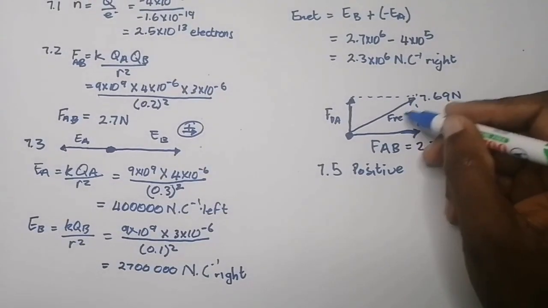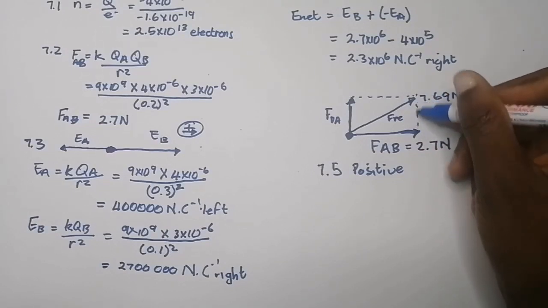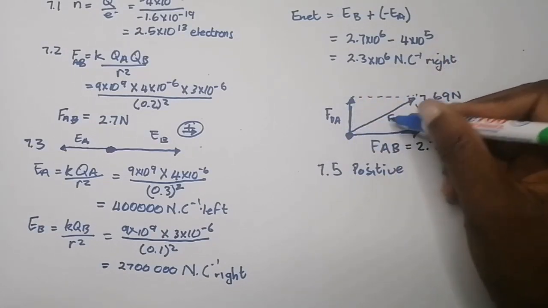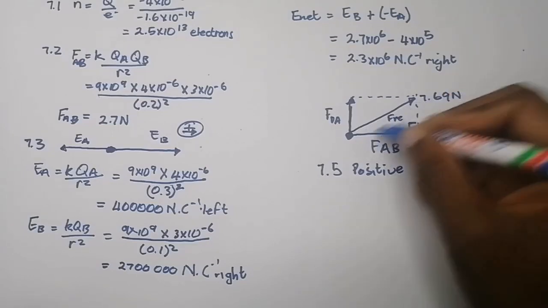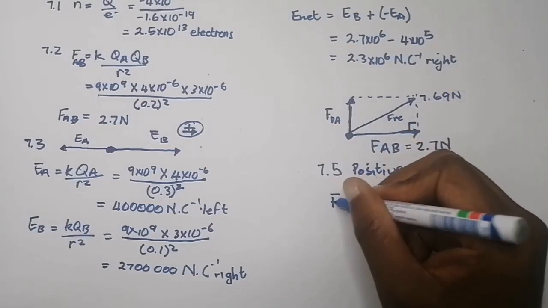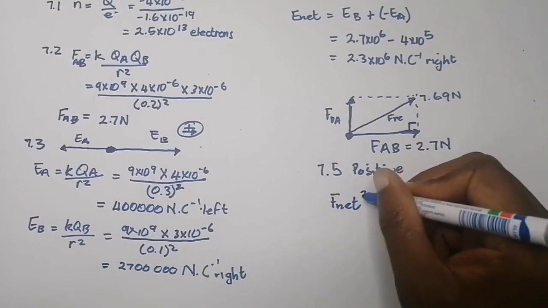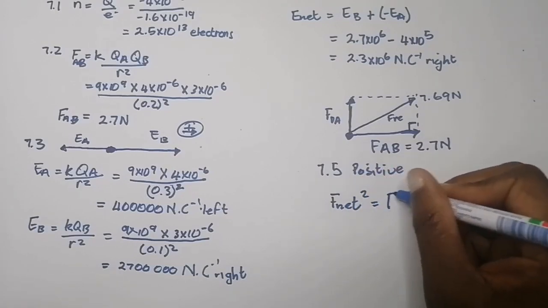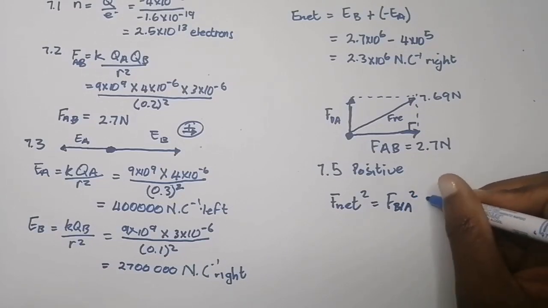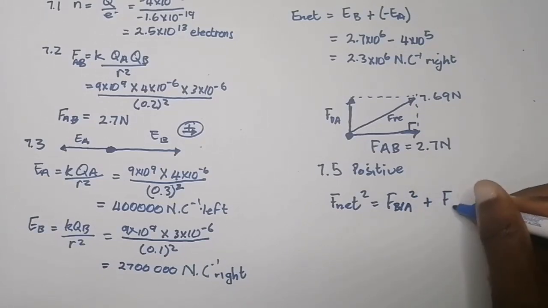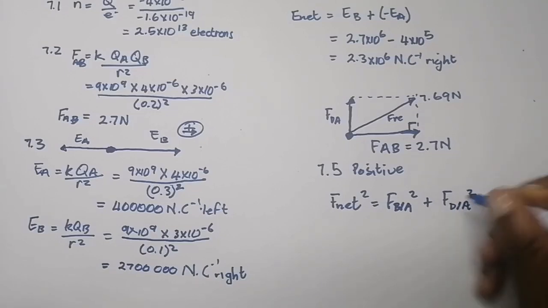In this case, this side is equal to FDA. So this is a 90-degree triangle, isn't it? To get the F net, you'd say F net squared is the force that B exerts on A squared plus the force that D exerts on A squared.